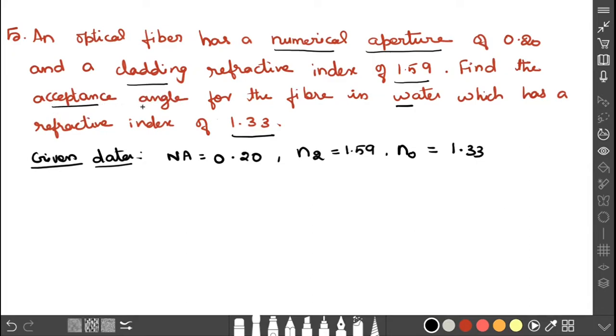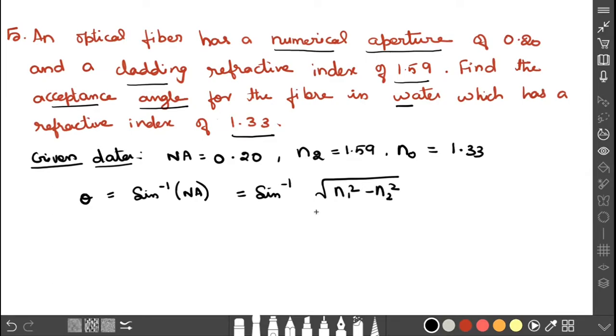Now the acceptance angle formula, we have to find the acceptance angle. So theta is equal to, what is the formula actually? Sine inverse of NA. Here NA is equal to root of N1 square minus N2 square, actual formula divided by N naught. Here N naught for air medium becomes 1. But if it is a different medium we have to include the N naught also.